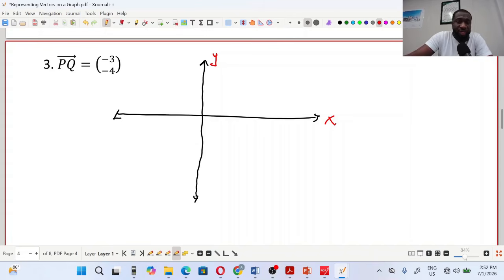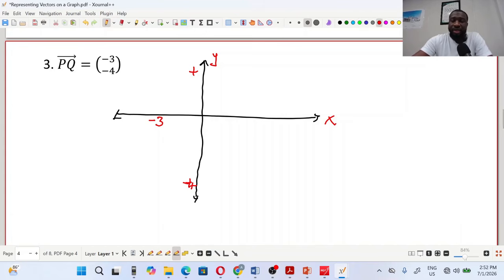So I'm looking for -3. Remember, this is 3 units on the negative part. So I have my -3 here. And I'm looking for -4 on the y-axis. The top part is positive. I know the whole of this is positive, but I'm looking for negative. So I come down here, I'm looking for -4. So I write my -4 here.